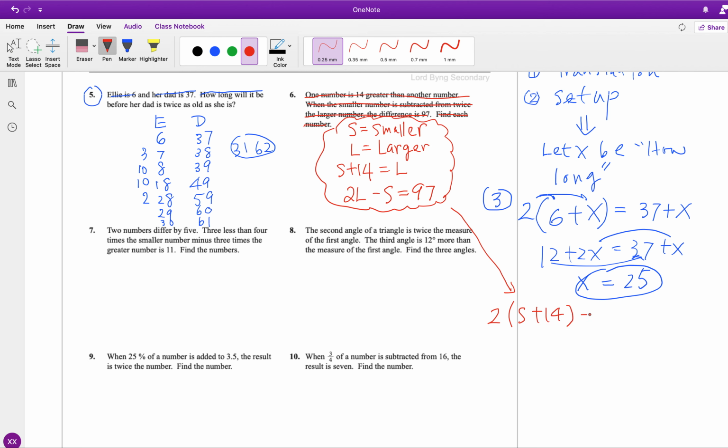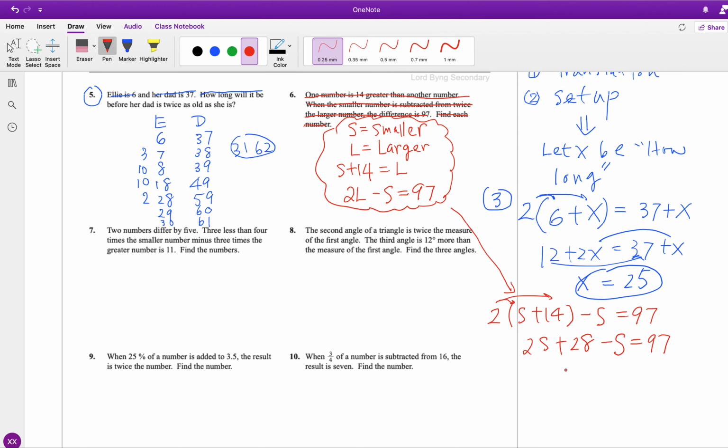And then subtract S. Now that equals 97. So in this case, multiply this in, and that is 2S plus 28. Subtract S, this is not 5, all right, equals 97.